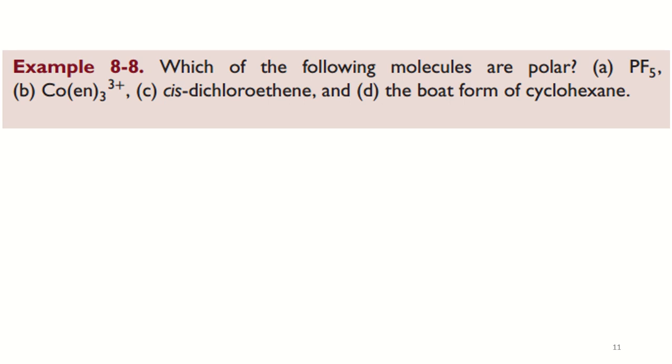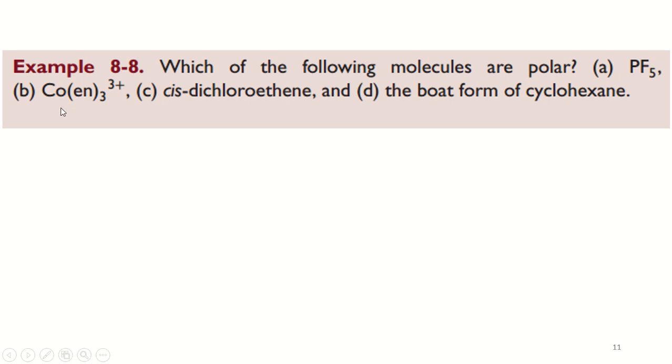Now let's talk about the sigmas. There are two types of sigma, sigma H and sigma V. But if there is sigma H in the molecule, we prefer to go for sigma H. So we can write that the molecular point group for PF5 is D3h, and it is non-polar in nature.